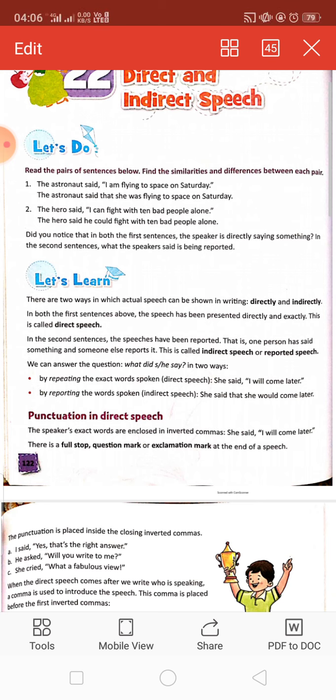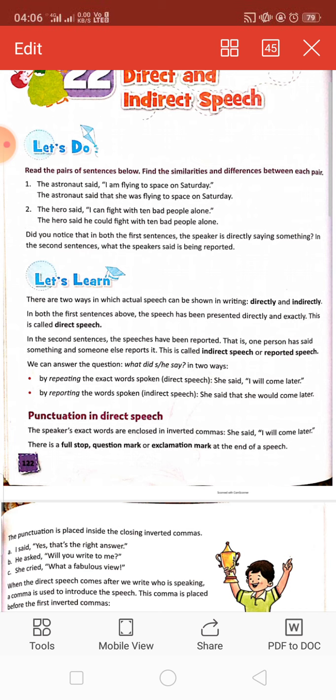There are two ways in which actual speech can be shown in writing, directly or indirectly. In the first sentences above, the speech has been presented directly and exactly. This is called direct speech.